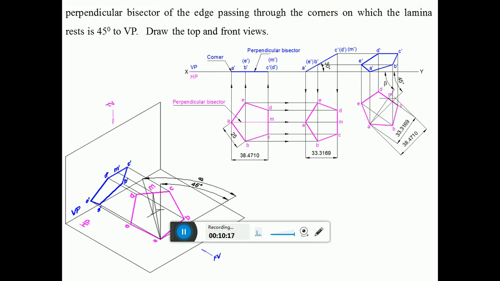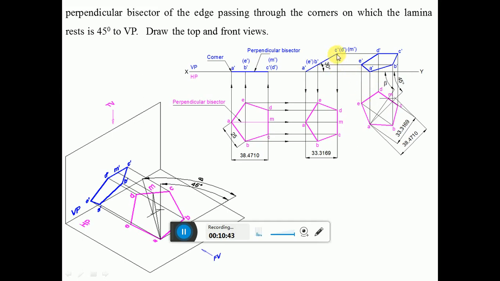Once you get the third position top view, now we need to write the front view. A dash is on the XY line. From A you draw a vertical projector to get the point A dash. Similarly, draw a horizontal projector from B dash and E dash, and from B you draw a vertical projector to intersect at B dash, and similarly from E draw a vertical projector to intersect at E dash.